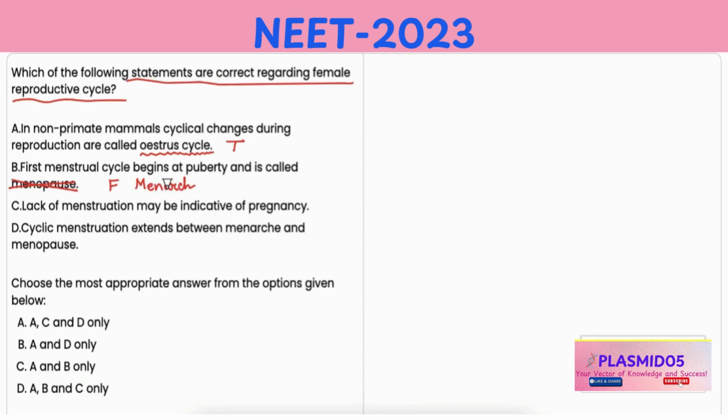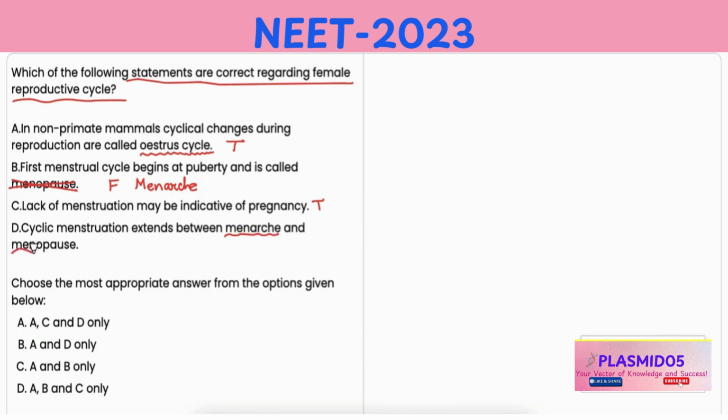Statement C. Lack of menstruation may be indicative of pregnancy. Now, it is correct. It can be indicative of pregnancy as the menstrual cycle is interrupted during pregnancy due to hormonal changes. D. Cyclic menstruation extends between menarche and menopause.